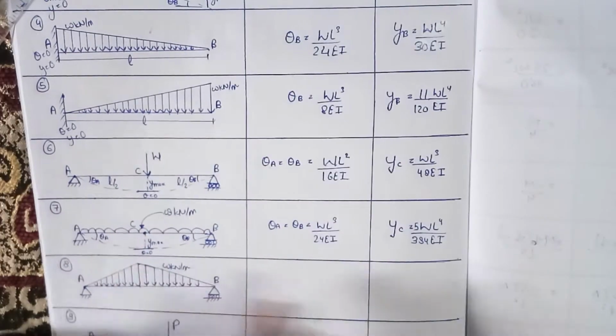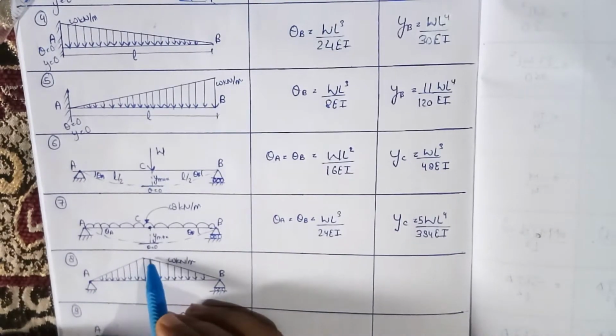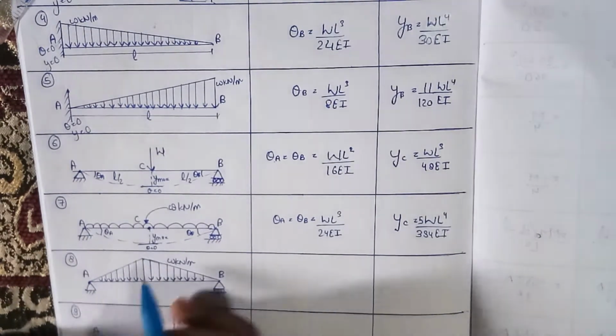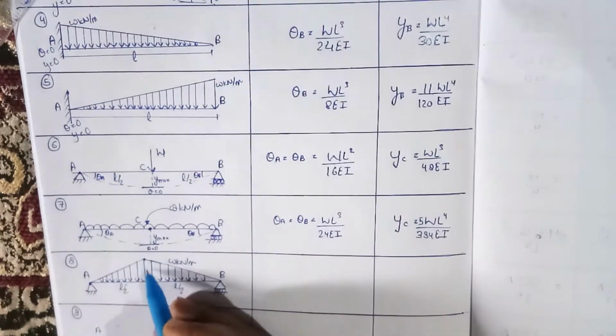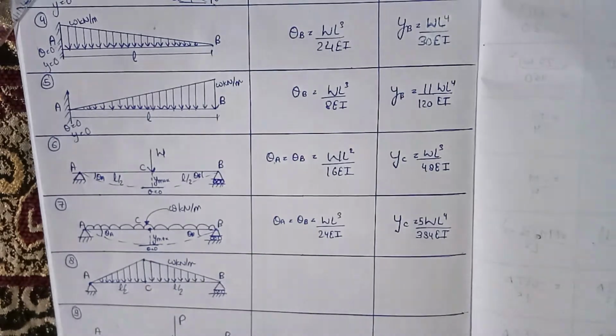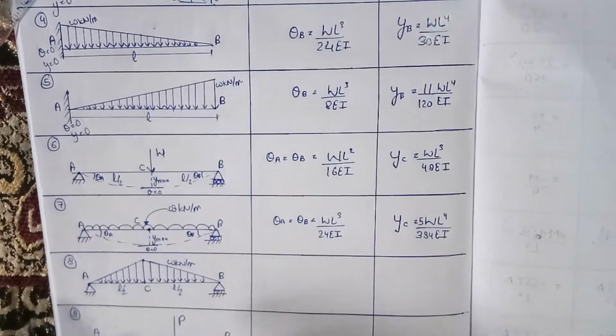This is our 8th case, in which it is a simply supported beam subjected to a UVL over the entire span, and the load is increasing uniformly and then decreasing uniformly, and is maximum at the central point, that is C, or at a distance L by 2 from both the ends. So this is a symmetric UVL.